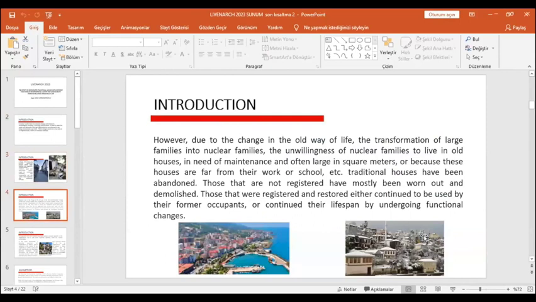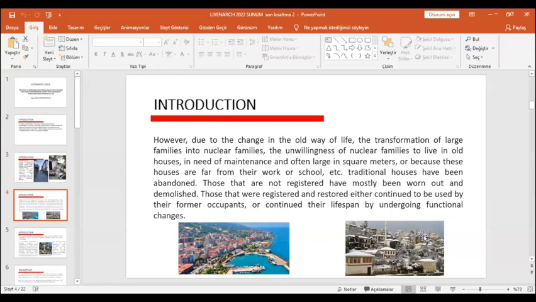However, due to changes in the old way of life, the transformation of large families into nuclear families, the unwillingness of nuclear families to live in old houses that need maintenance and are often large in square meters, or because these houses are far from their work or school, traditional houses have been abandoned.